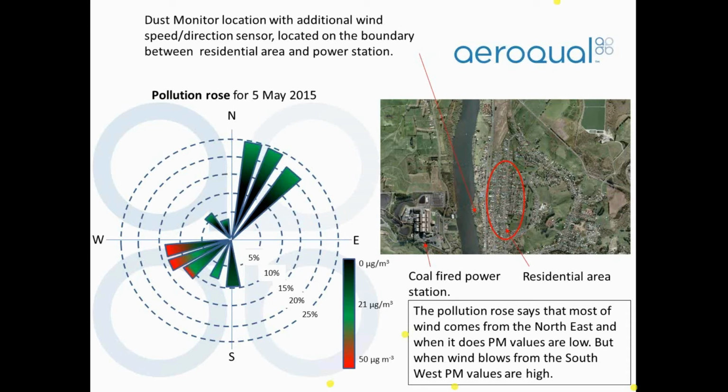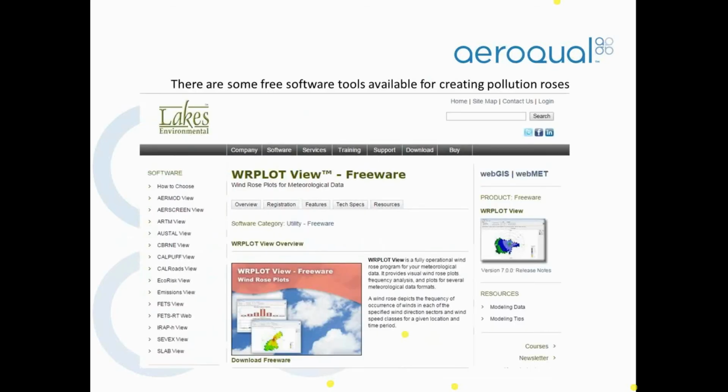When wind blew from the northeast, the particle concentration was relatively low, probably below 20. For a smaller portion of time, the wind blew from the southwest, but when it did, the concentration of particulate matter was higher, and obviously that's where the coal-fired power station is. So that gives you an idea of how to easily present PM10 data based upon wind direction.